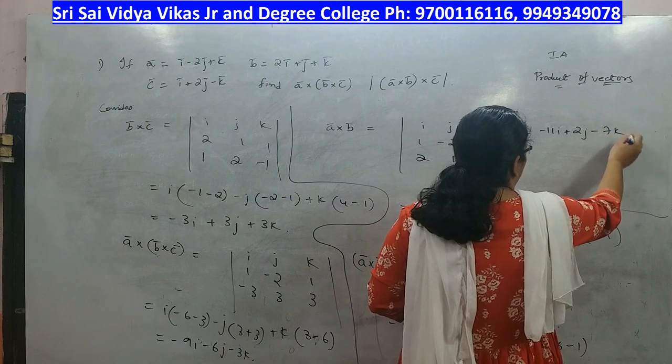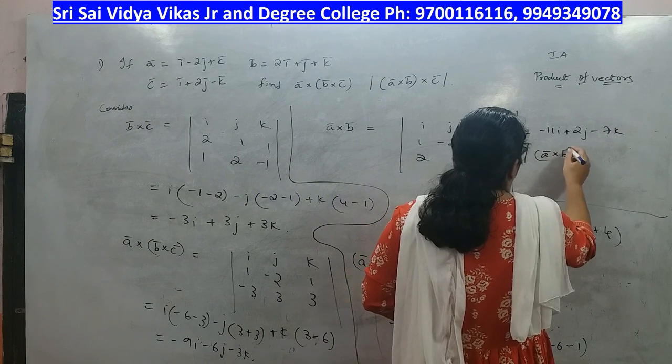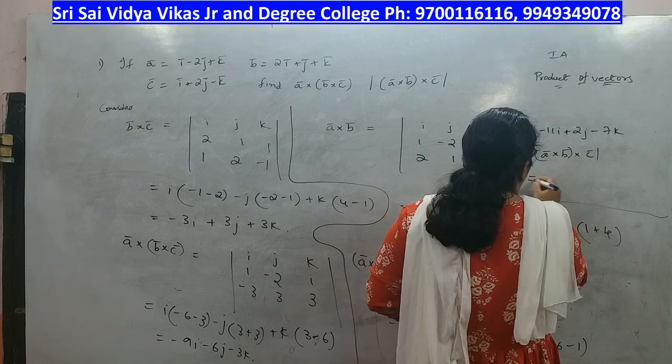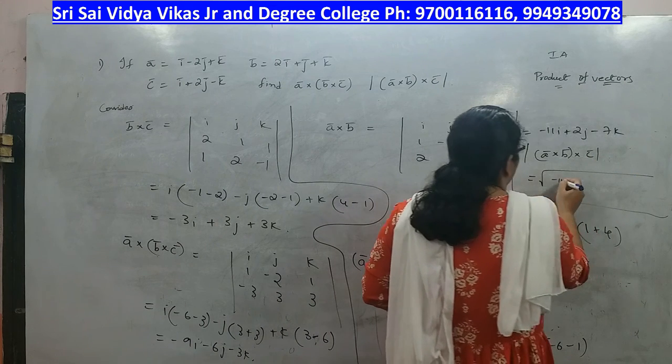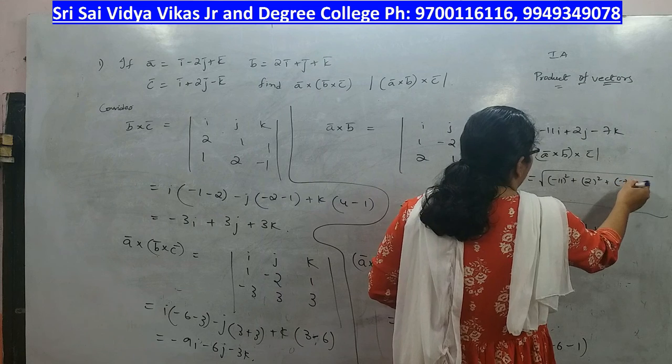minus 7k. Modulus of a bar cross b bar cross c bar will be under root of minus 11 square plus 2 square plus minus 7 square.